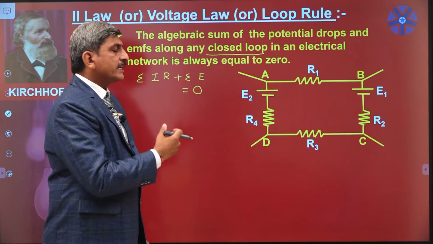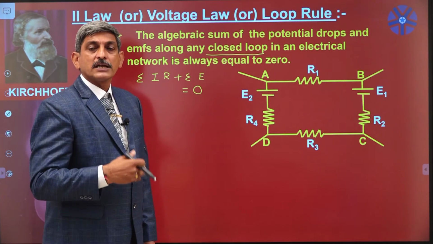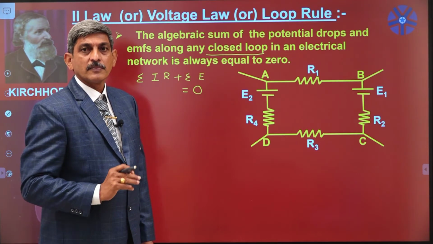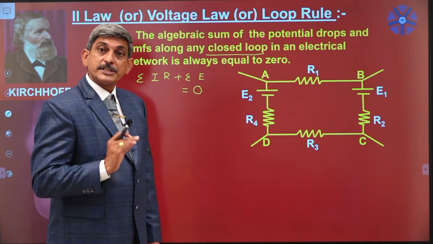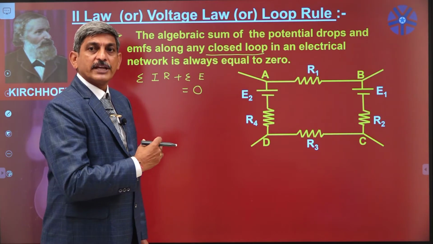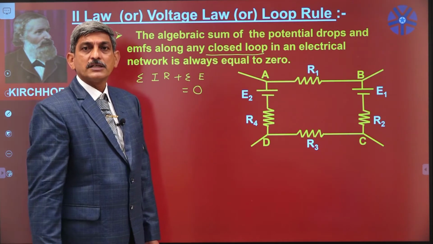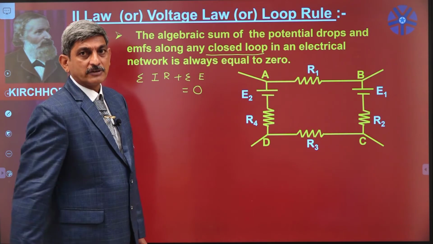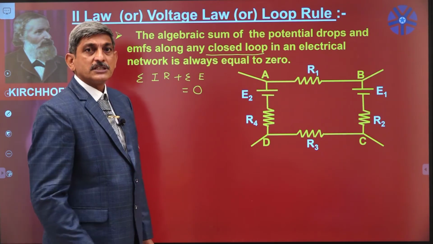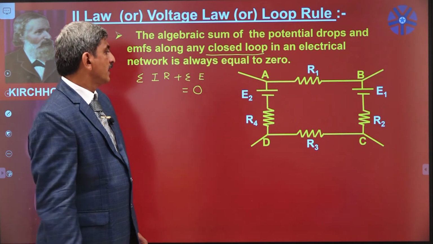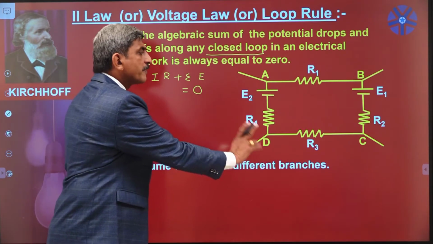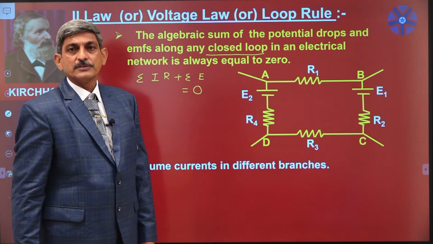Now, to apply Kirchhoff's second law for electrical circuits, we need some procedure. By following the step-by-step procedure, we can easily apply Kirchhoff's second law for electrical networks. See the procedure step by step. In the first step, assume the currents in the different branches of the given circuit.